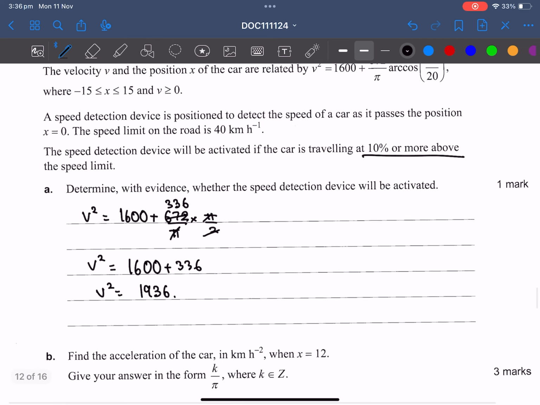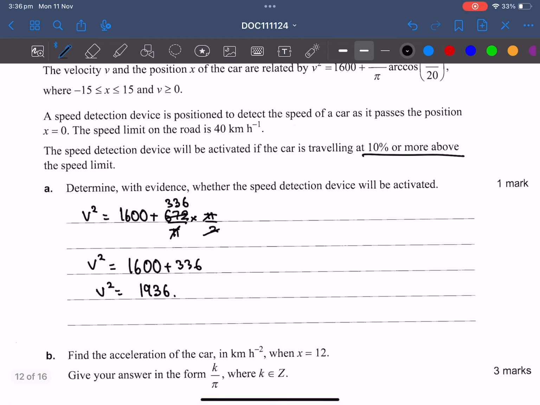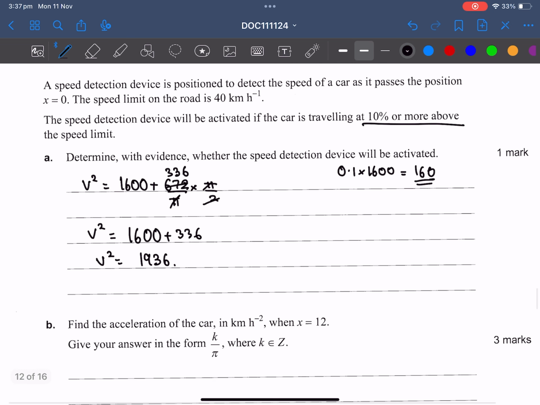Okay, how we can do this is, let's find the 10% of 1600. So 0.1 of 1600 would just be 160. Maybe I should write it in here.